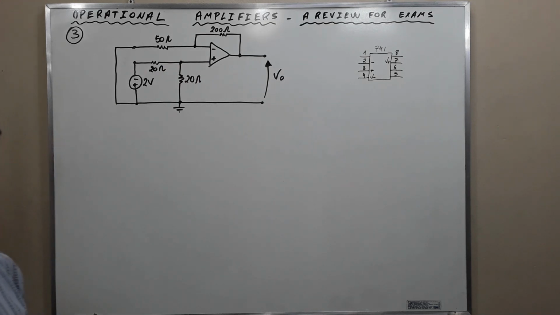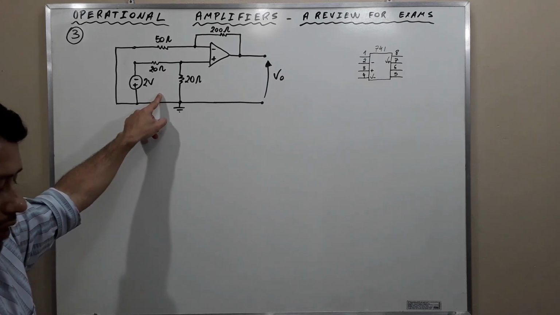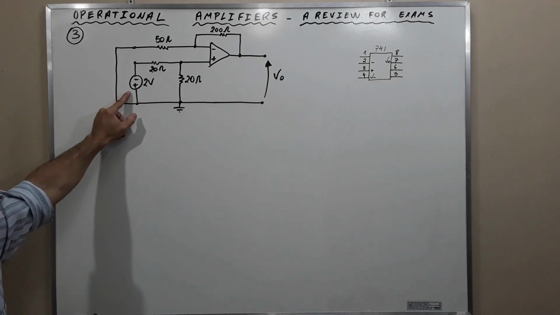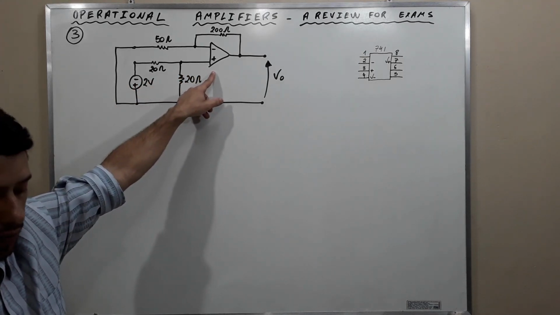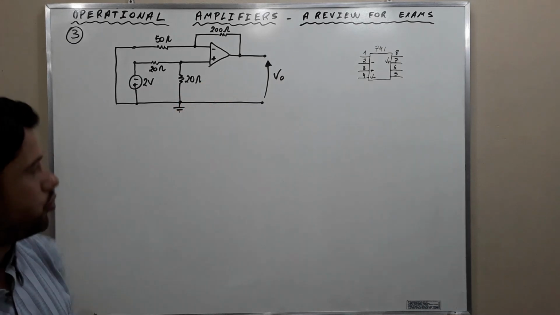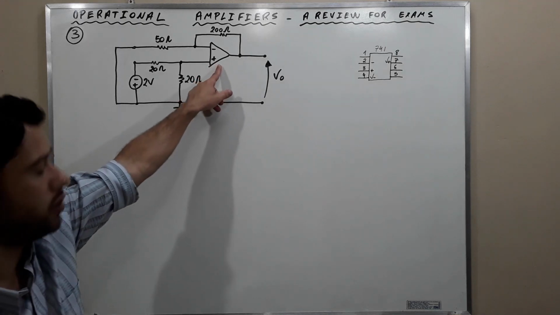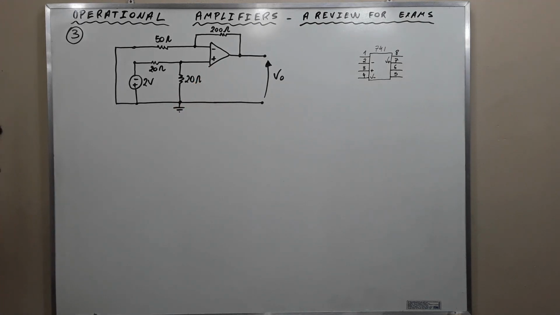But take a closer look. Observe that the voltage of the source is not directly applied to the non-inverting terminal of the op-amp. Okay? To obtain the correct voltage at the plus terminal, we need to apply the voltage divider rule.